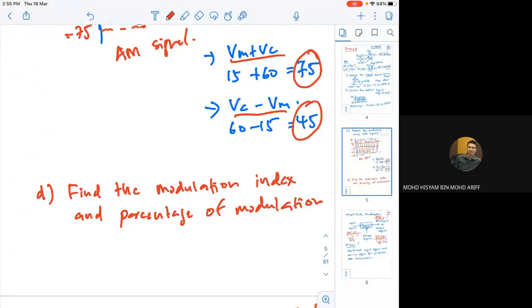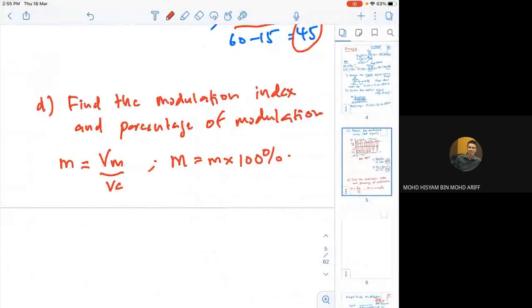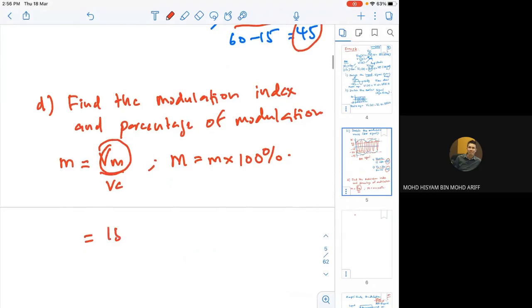Modulation index. This is a new term you must know. Small m equals Vm over Vc. The big M is the percentage of modulation, which means small m times 100. In this case, Vm is the amplitude, 15 divided by 60.